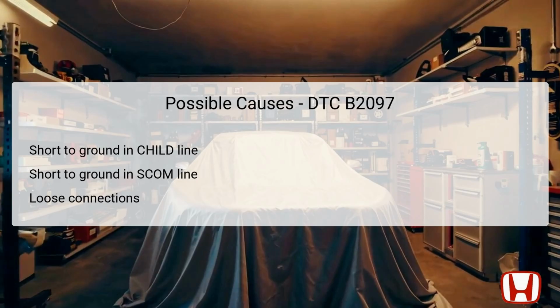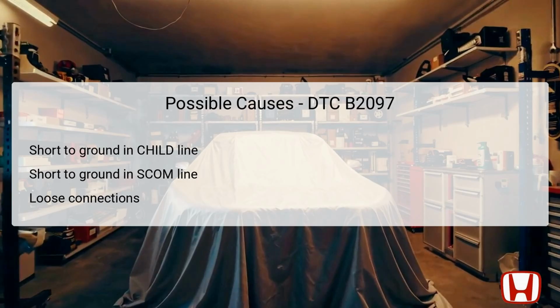Firstly, a short to ground in the child line is a common culprit. This refers to an unintended low-resistance connection between the child wire and the vehicle's ground, which disrupts signal transmission. Secondly, a similar issue may occur in the SCOM line, also suggesting an abnormal connection that interferes with normal operation.